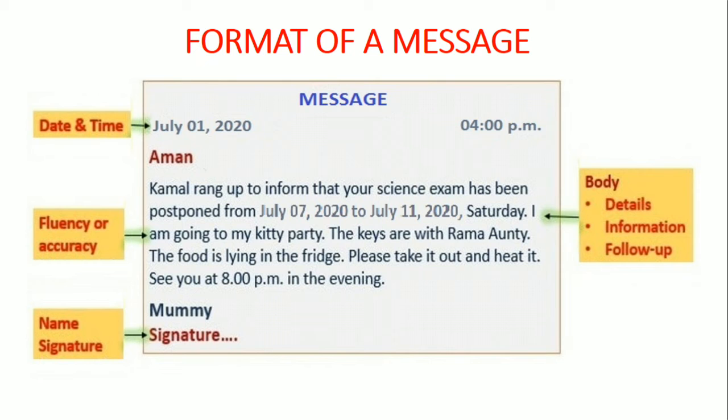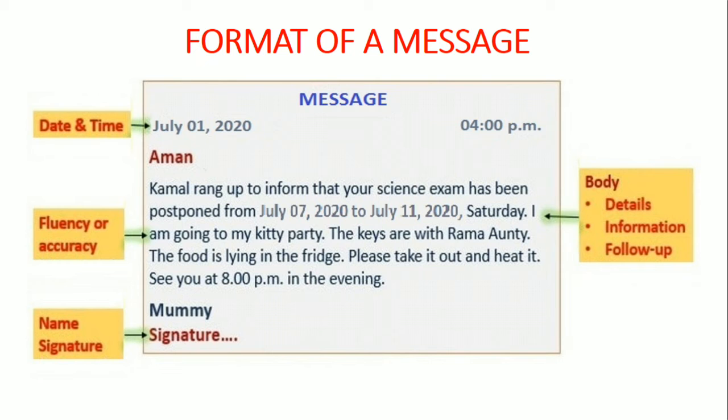Kamal rang up to inform that your science exam has been postponed from July 7, 2020 to July 11, 2020, Saturday. I am going to my kitty party. The keys are with Rama auntie.